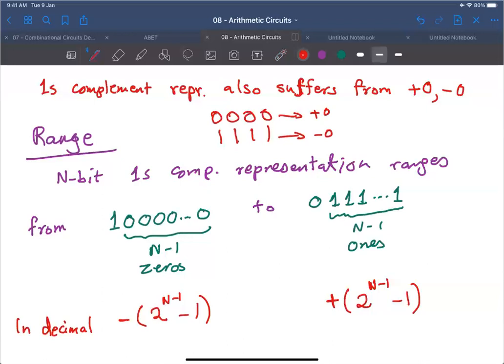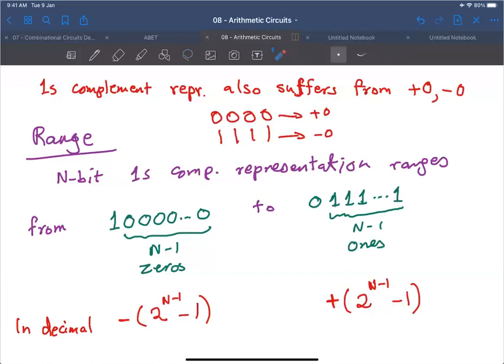What about the range of numbers? It's going to be the same as the sign and magnitude range. For the positive numbers, the maximum that we can reach is 0 followed by all ones, and this is 2 to the n minus 1, and that's a positive number.